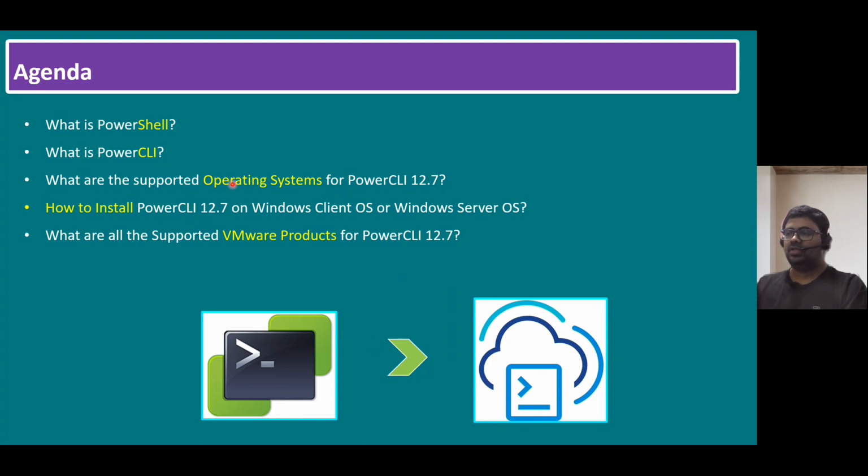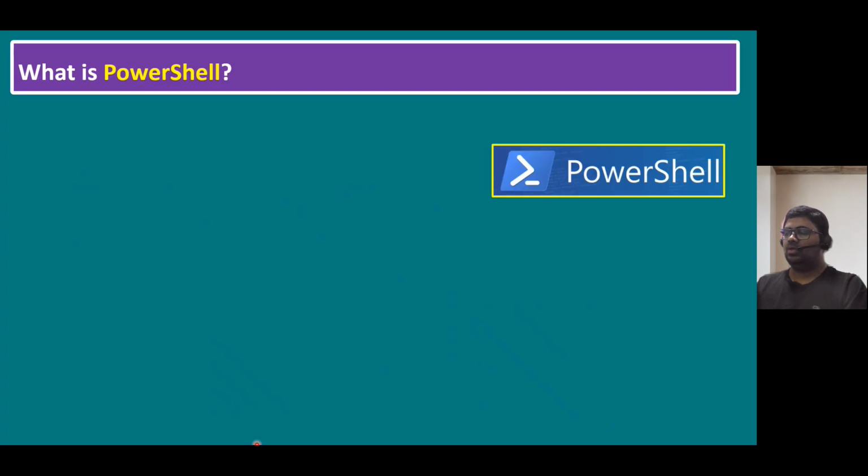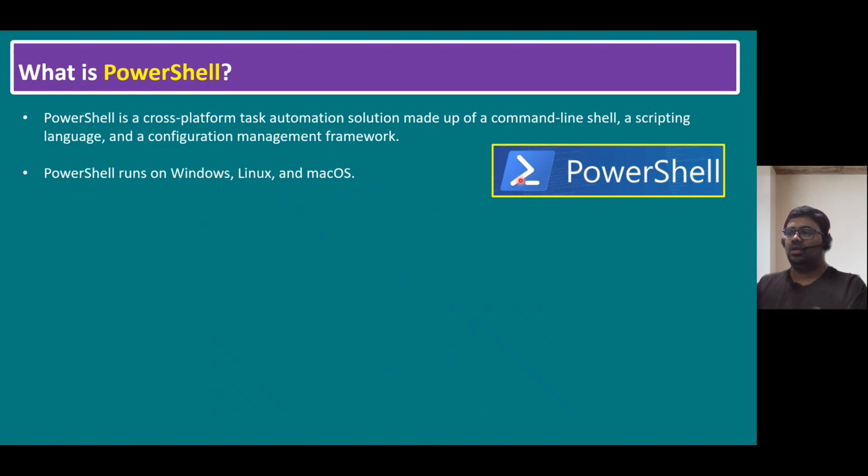Now let's start with the first point. The Windows PowerShell logo also looks like a command line icon, similar to the PowerCLI icon, since a shell is like a command prompt. But before talking about PowerCLI, we need to understand PowerShell.